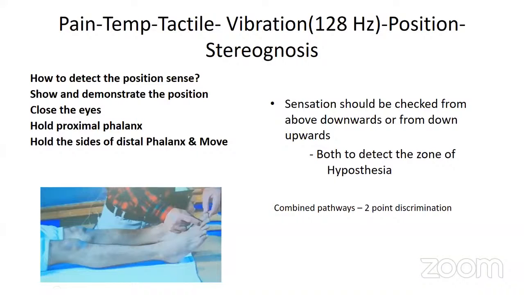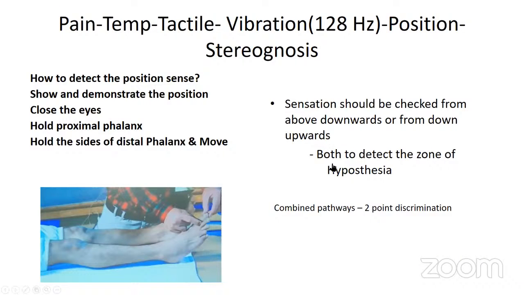Because if you press it, that will cause a pressure sense or the deep touch sense. That is the spinothalamic tract. This is not the dorsal column. So we have to make a gentle holding side to side and just move it upwards and downwards. As you already showed the patient which one is upward and downward, if it is normal, the patient will be able to tell whether it is upward or downward. If it is abnormal, he will not be able to tell, and that is the dorsal column. So it is most important.